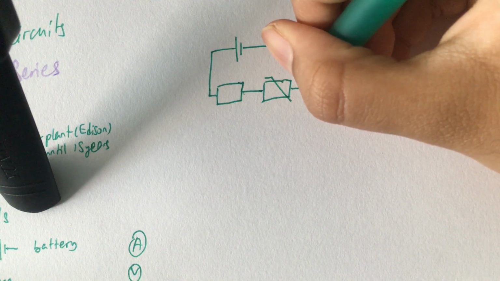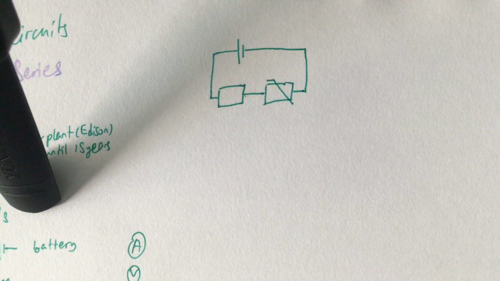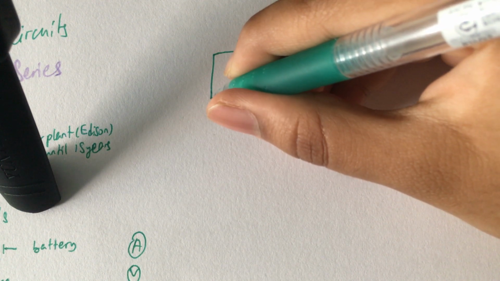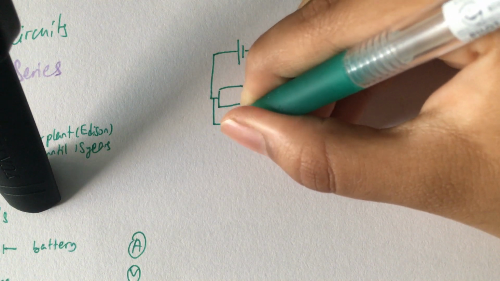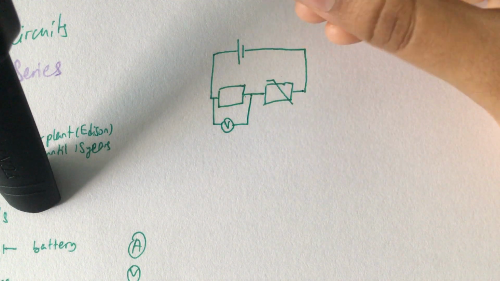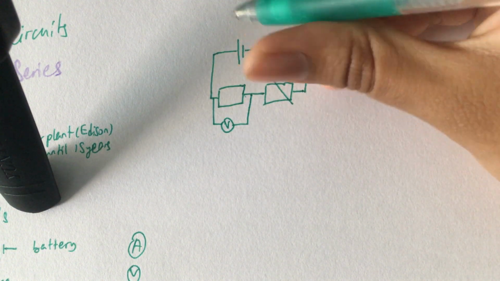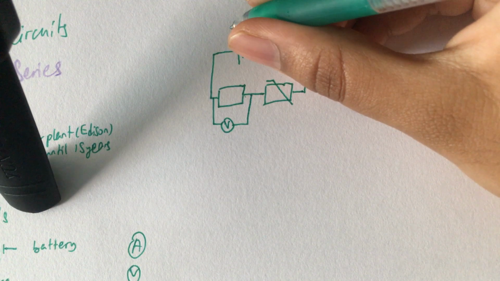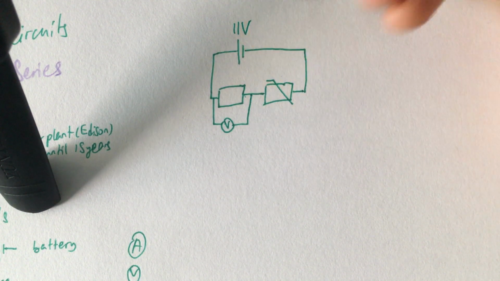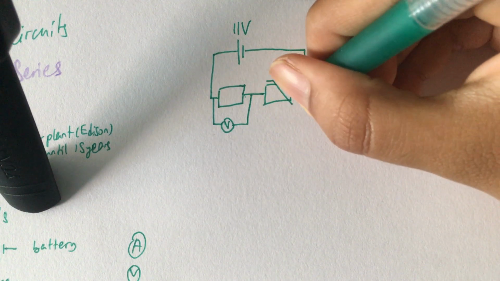So what you do is, how do I even explain this in words? Anyways, you have one of the components which has a variable resistance, and the other component is a fixed resistor.